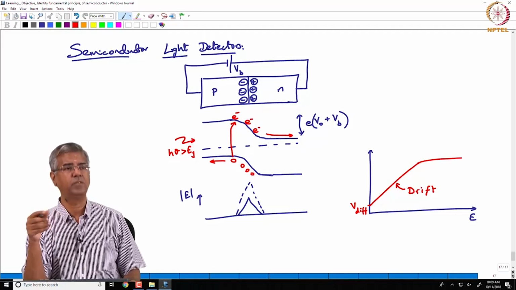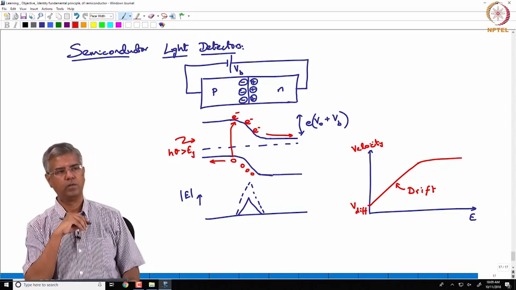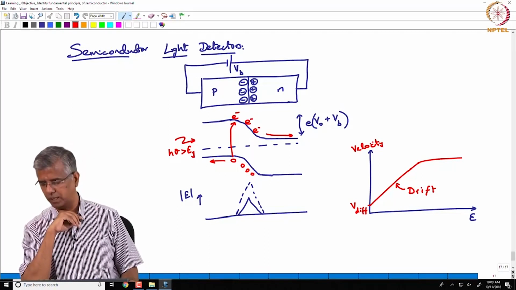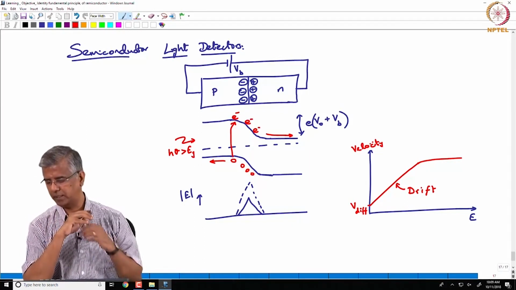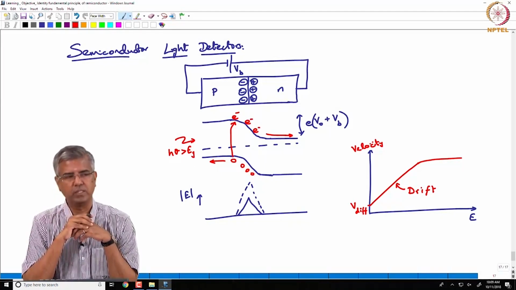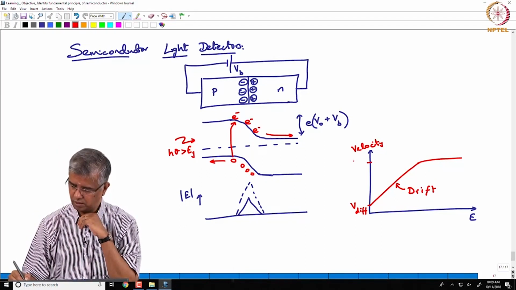So, larger the electric field, larger the velocity of these charged particles, and we are basically saying that under the influence of electric field, the velocity increases and it achieves a saturation velocity which is in the order of 10 power 5 meters per second.